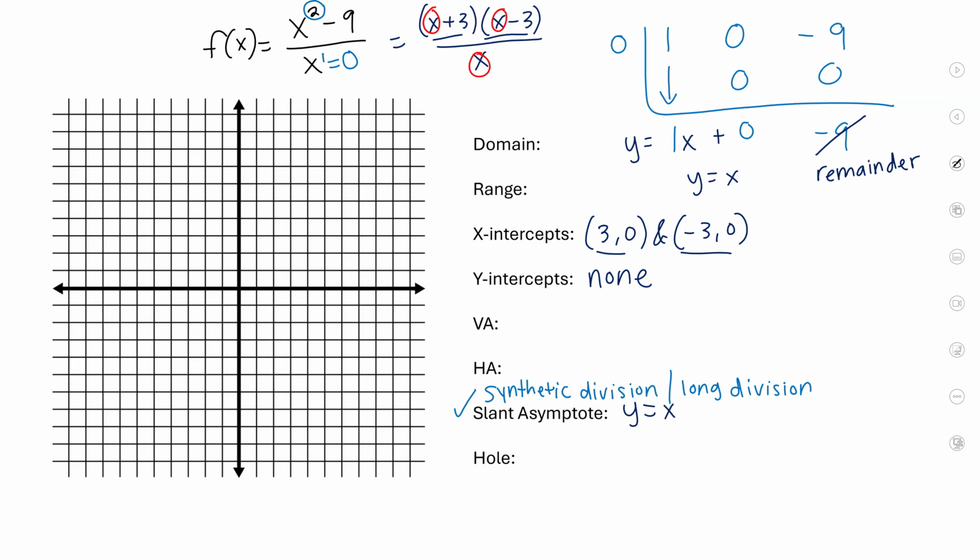In this example, you always want to start by factoring. And this is supposed to say -6. Okay, so if I factor this, I'll have x minus 7 and x plus 1 over x plus 5. Nothing cancels out, so there are no holes in this example.